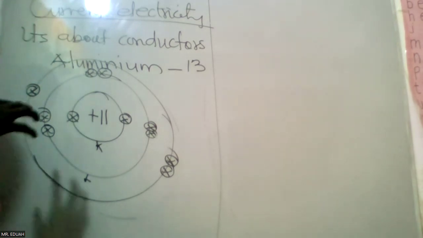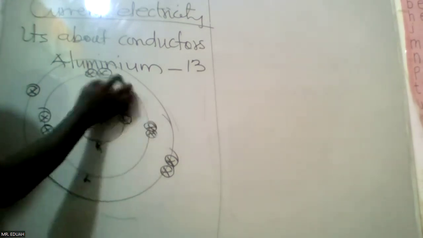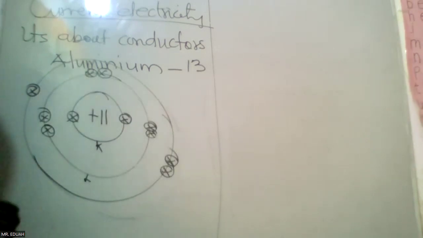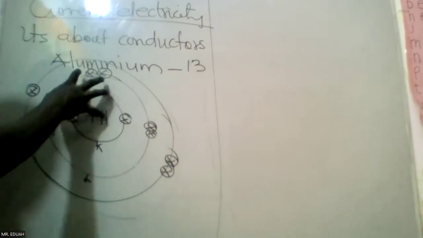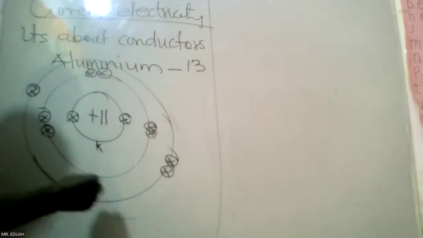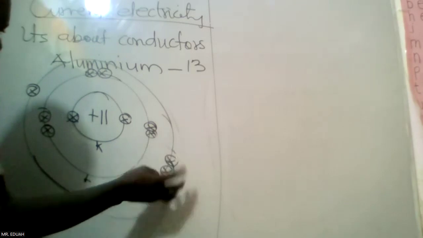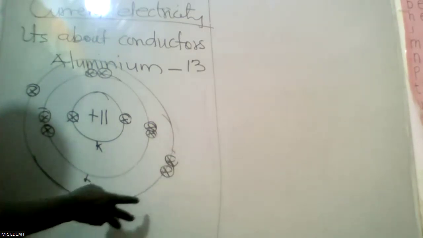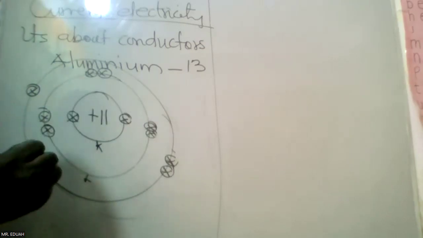Now, these inner filled electrons shield the outer or valence electrons. So the attraction experienced by the electrons at the last shell would be very, very small.